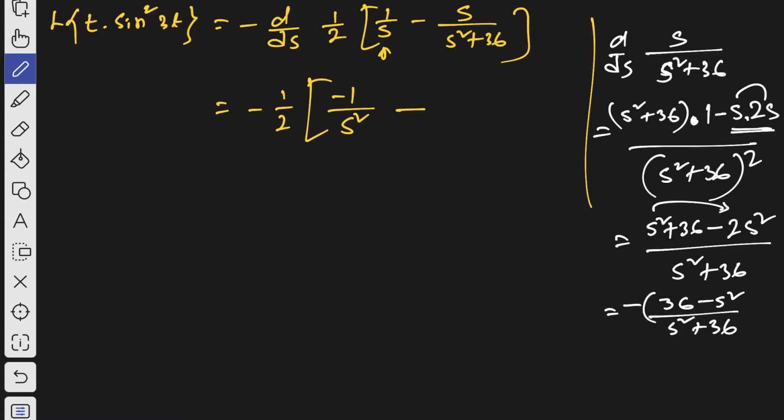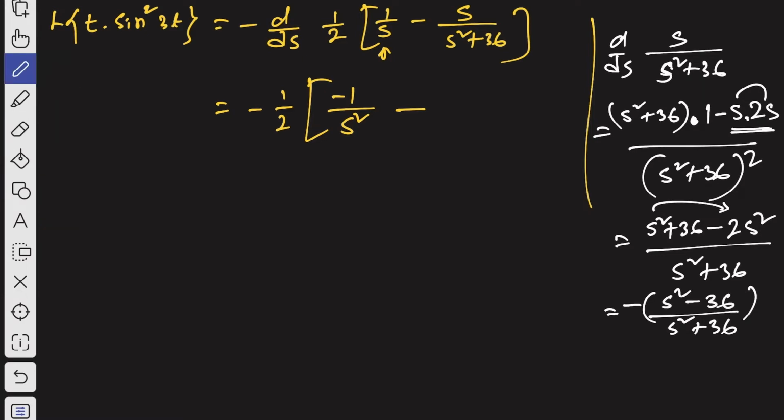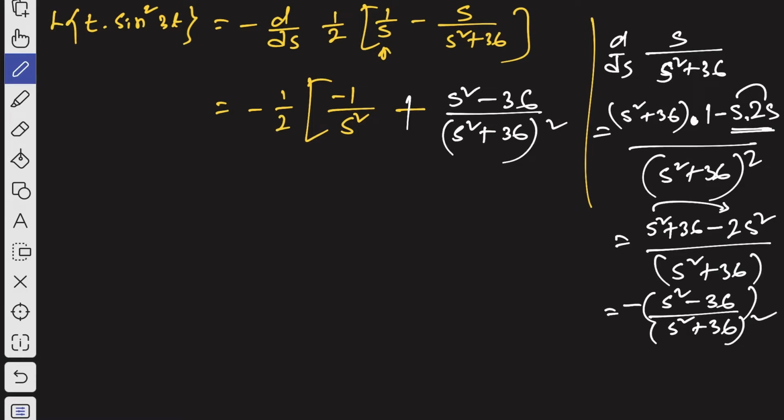So if you take minus common, then this numerator will become s square minus 36, right? So then this minus and this minus make it plus, so we will get s square minus 36 by s square plus 36 whole square. So here we need to write the denominator square, right?